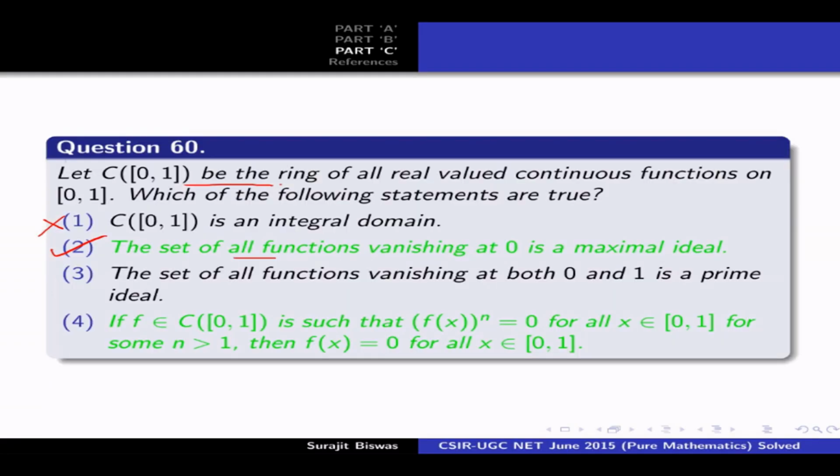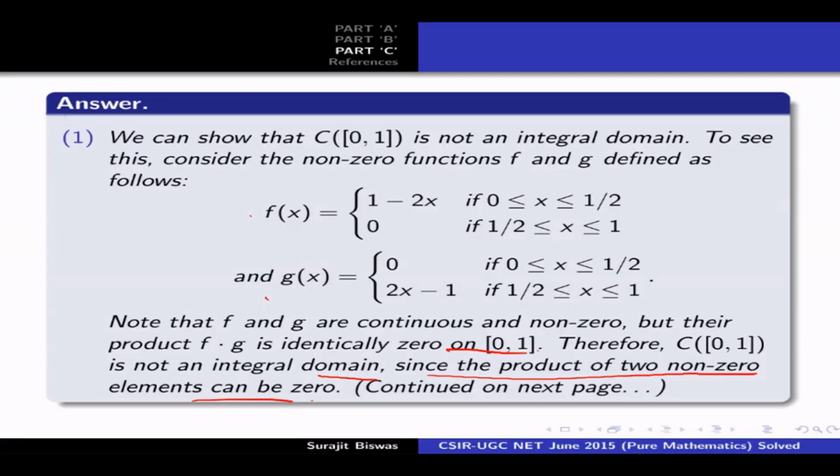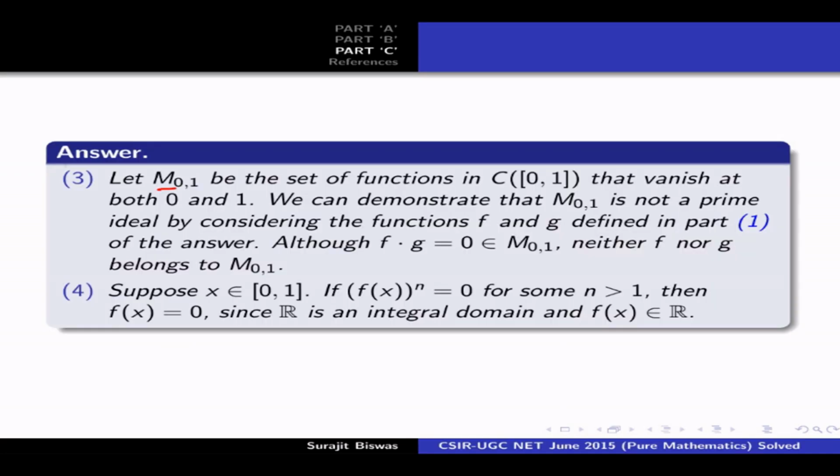The third option is the set of all functions vanishing at both 0 and 1 is a prime ideal. Okay, so for option 3 we also use the same example. Let M01 be the set of functions in C[0,1] that vanish at both 0 and 1.